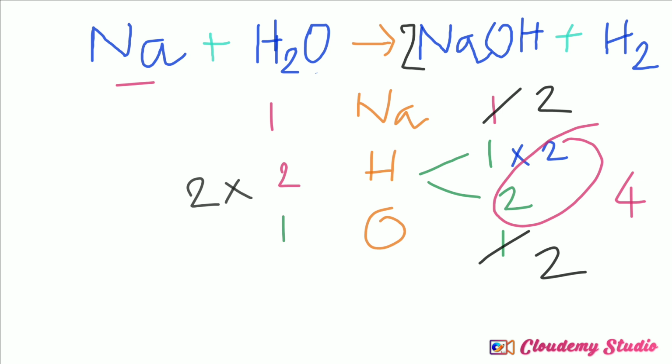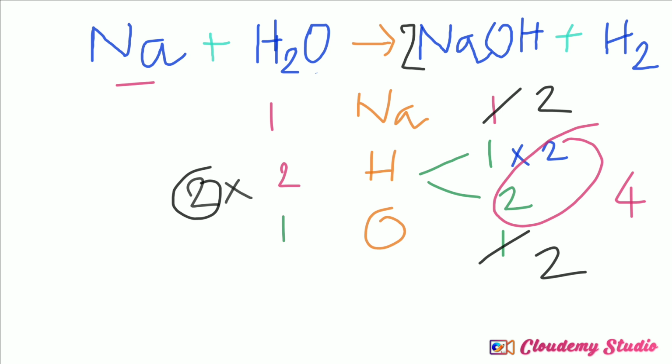Now the left hand side, hydrogen at the right hand side is 4, therefore we have multiplied by 2. So this 2 we need to write as a coefficient for this hydrogen.